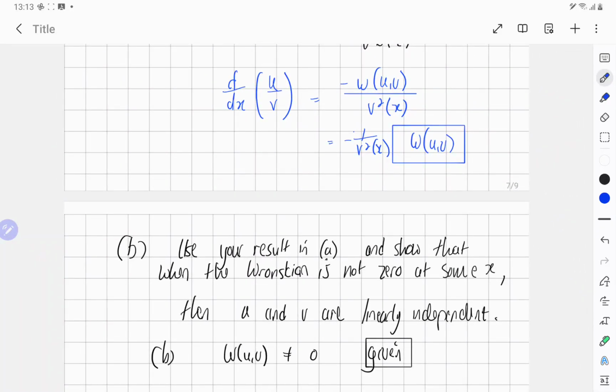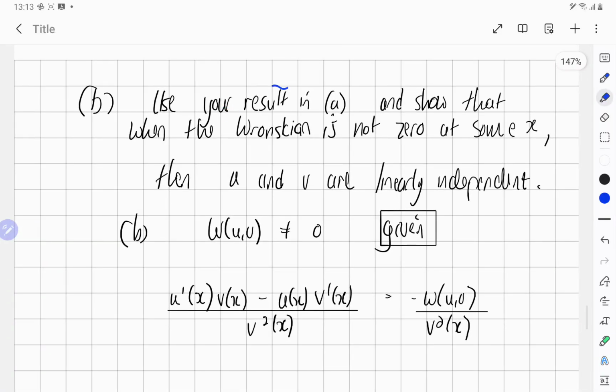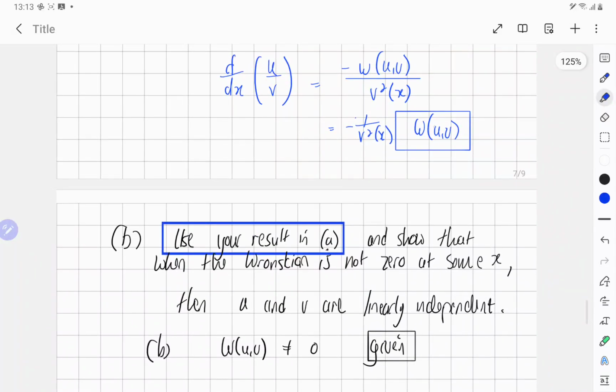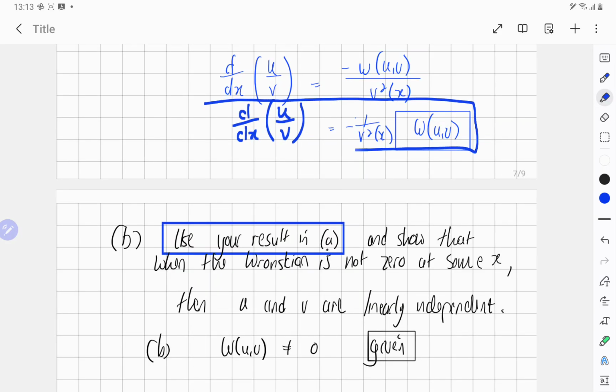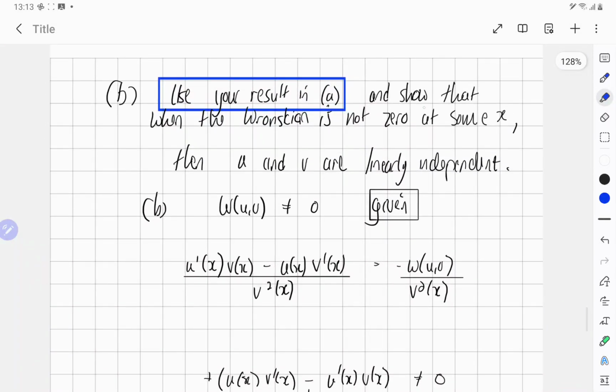Now for B, they're asking, use your result in A. Whenever in maths they ask, use your result, or they say, hence from A, you need to definitely use this result. So I need to use this part to show what they're asking, and then show that when the Wronskian is not 0 at some x, then u and v are linearly independent.